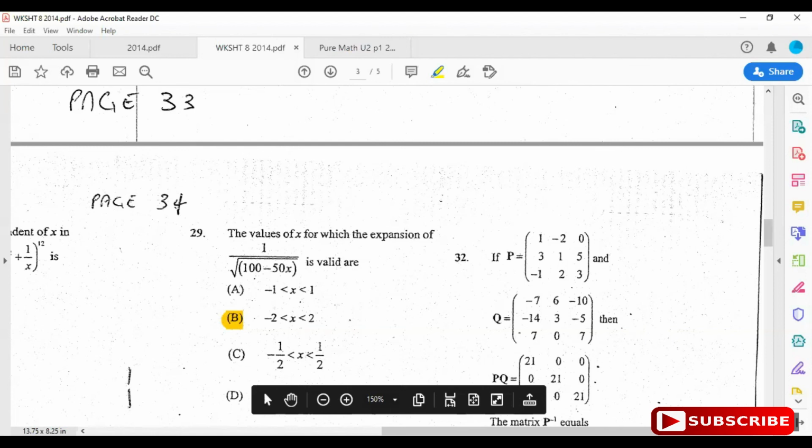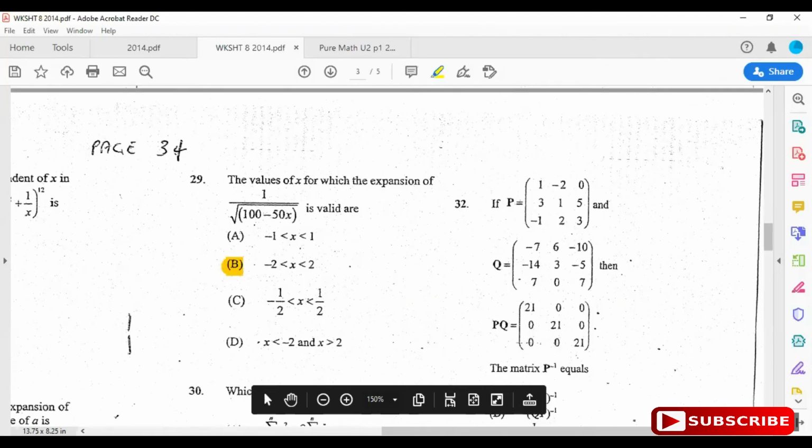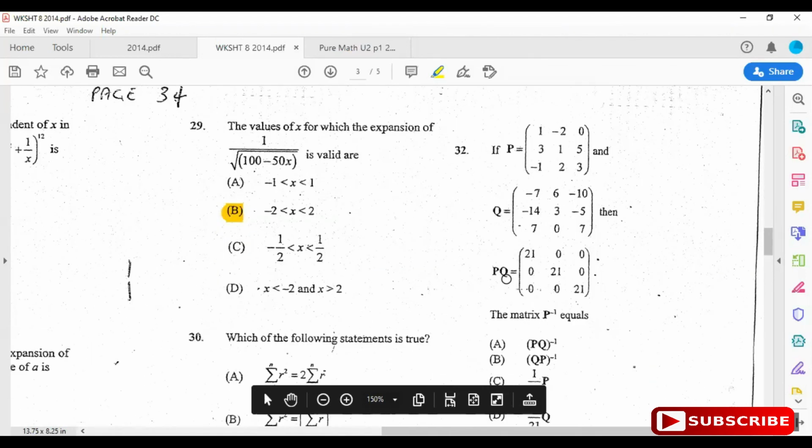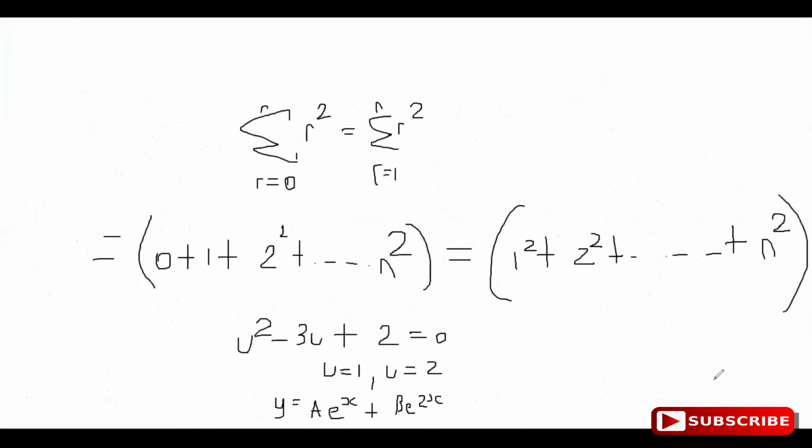Question 32 tells you that PQ is 21I. That's what they're telling you: PQ is equal to 21 times the identity matrix. Then they want P inverse.